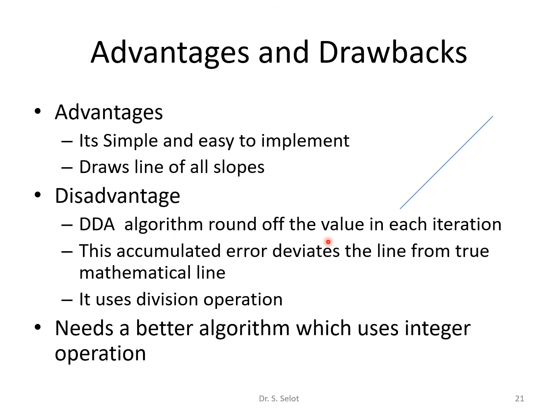Hence we use the integer representation. So during rounding some amount of value is compromised, and these errors get accumulated over the iterations, and the line we draw gets slightly deviated from the true mathematical line. So we use a better algorithm, which is Bresenham's line drawing algorithm, which we'll see in the next class.